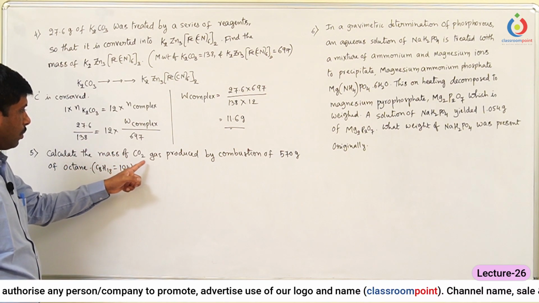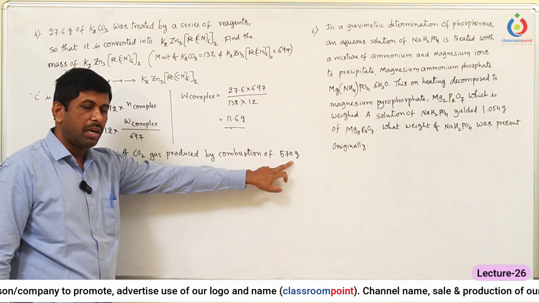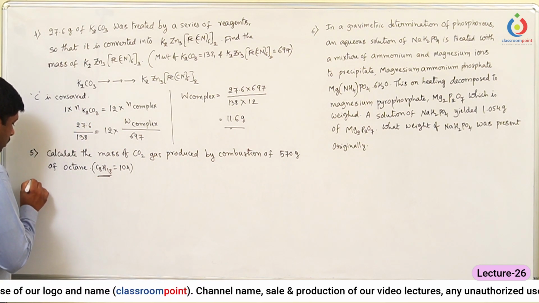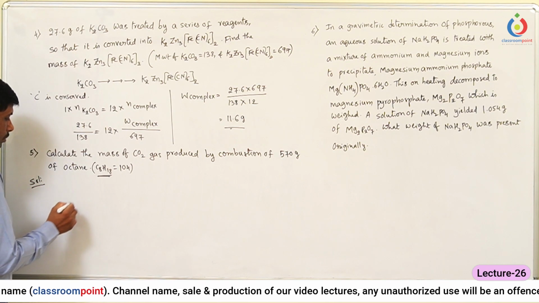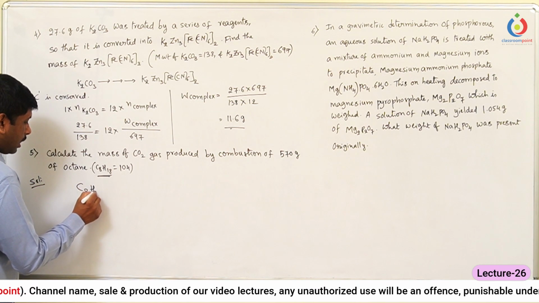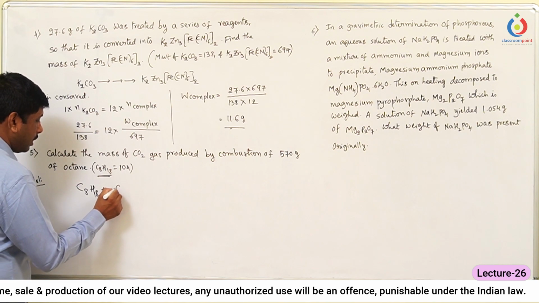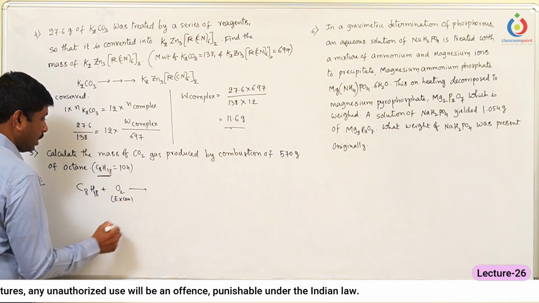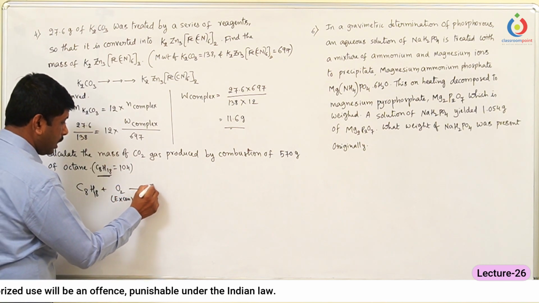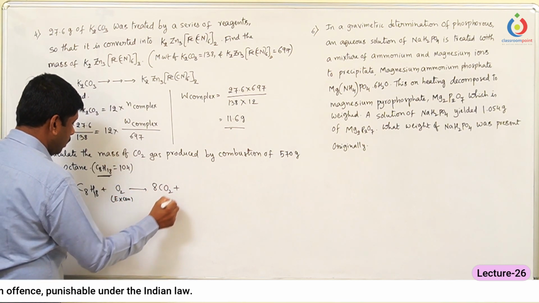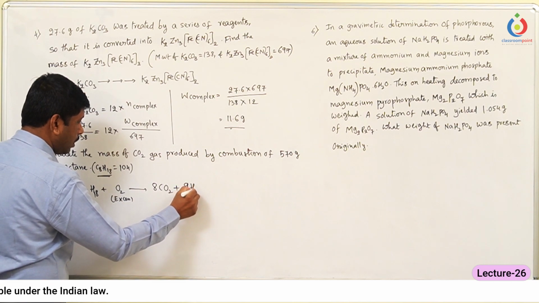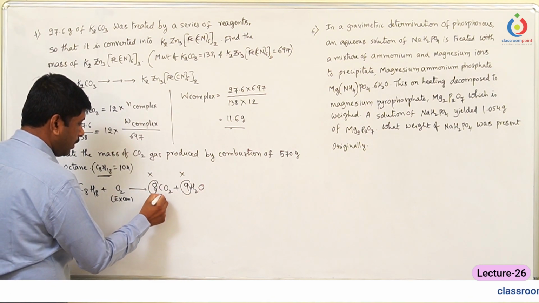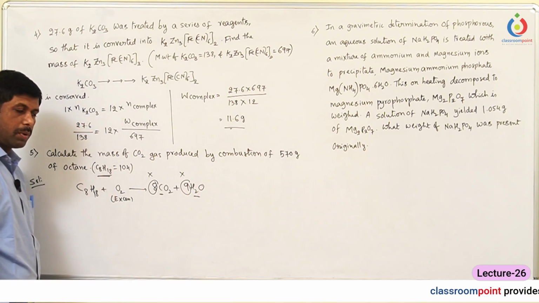Calculate the mass of CO2 gas produced by combustion of 570 grams of octane. The octane molecular formula is C8H18. Whenever an organic compound undergoes combustion in excess oxygen, all the carbon is converted to carbon dioxide and hydrogen is converted into water. Even though the stoichiometric coefficients are not required for us, we need only the molecular formula of the products.